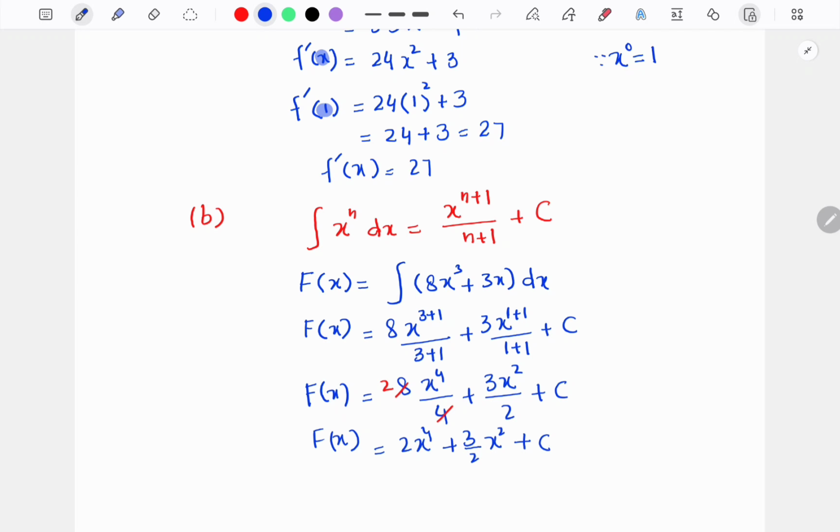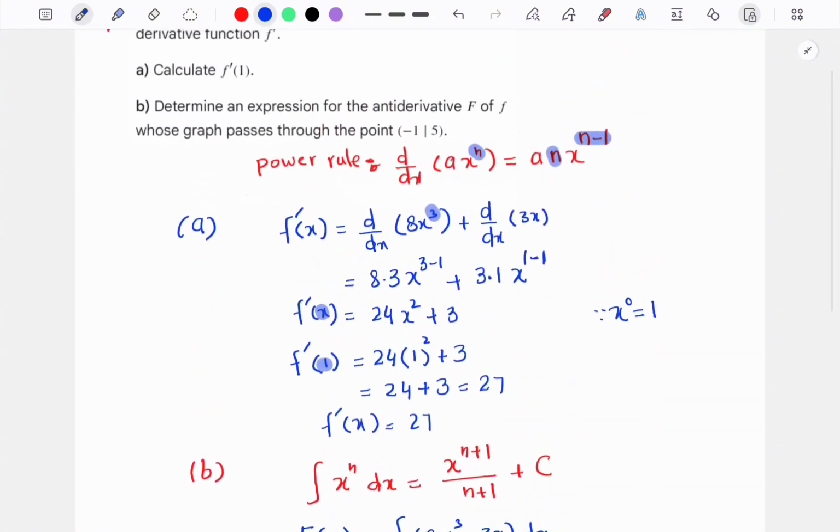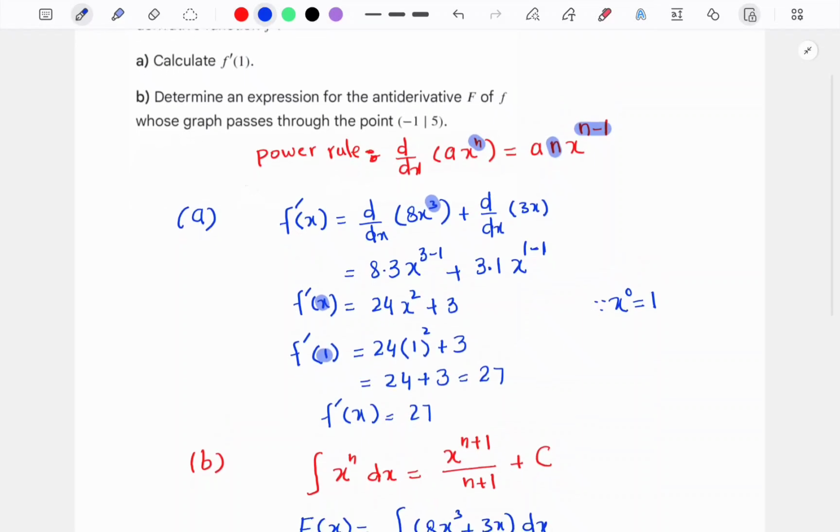Now here the demand of the question is to determine an expression for the antiderivative. You can see the statement is telling us the antiderivative of f whose graph passes through the point -1 and 5.